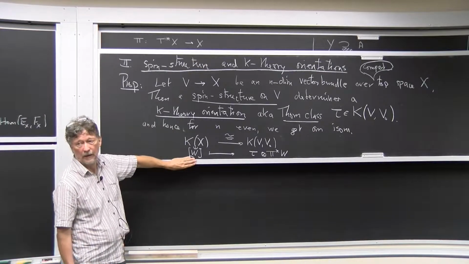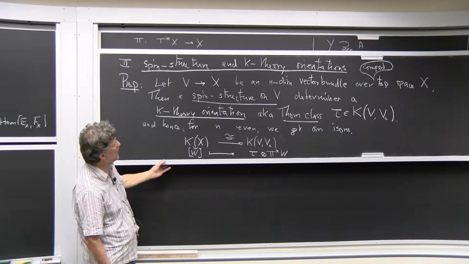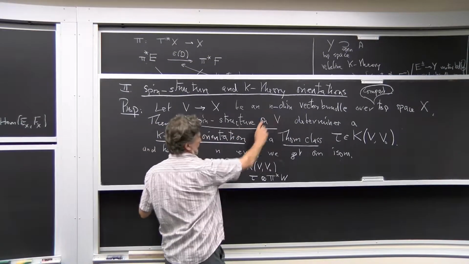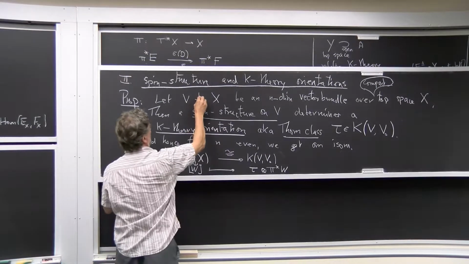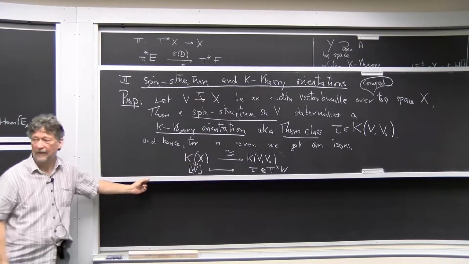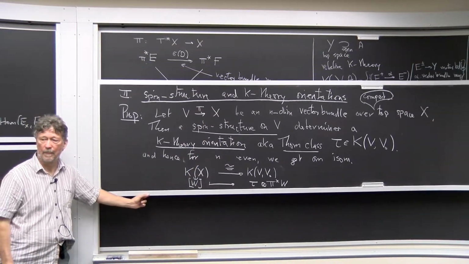What is n? N is the dimension of the vector bundle. And pi is the projection map here. Everybody good with that? Okay.